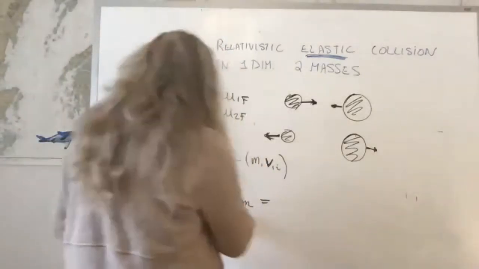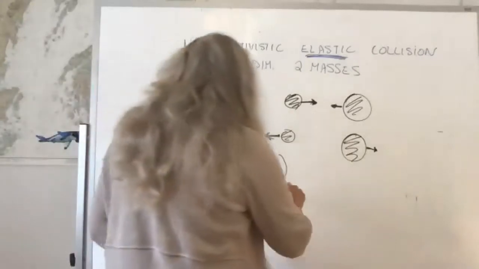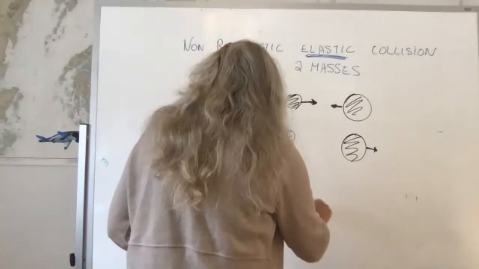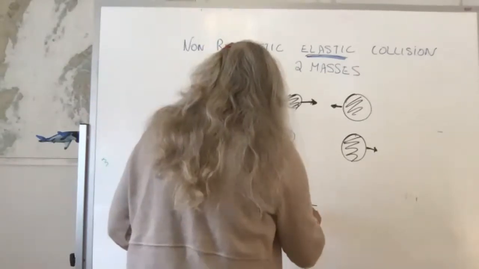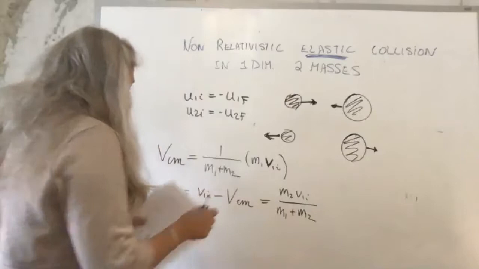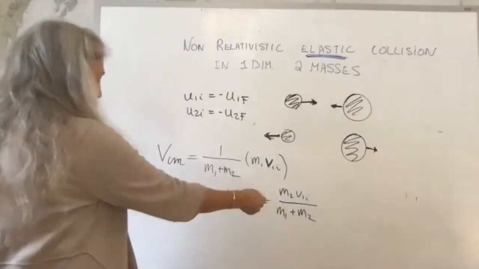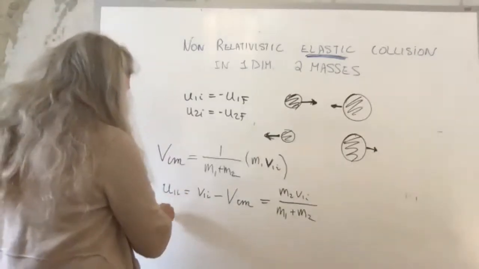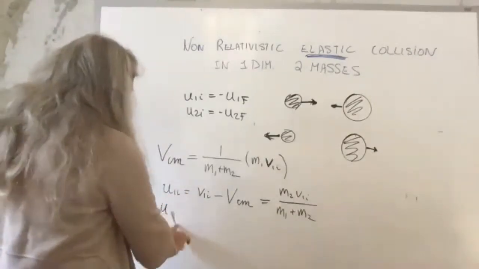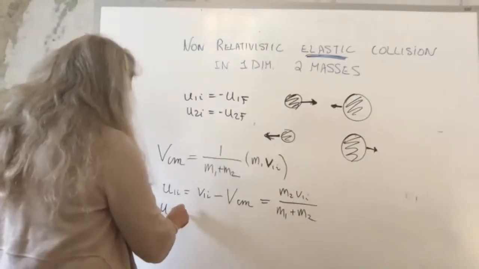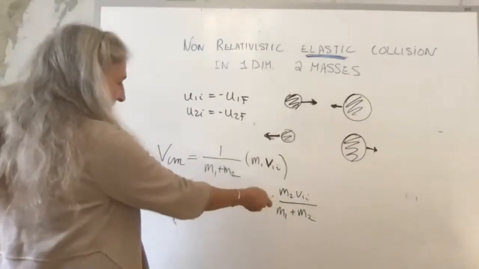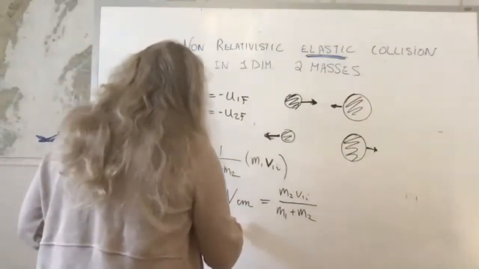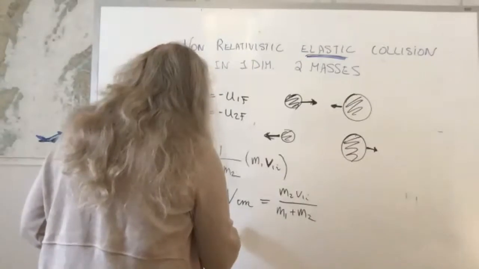So if we calculate this, it turns into m2 v1i over m1 plus m2. And so now I can go backwards and say, what's the final velocity in the center of mass frame? So that's u1f. It's just the opposite sign of this. So it's minus m2 v1i over m1 plus m2.